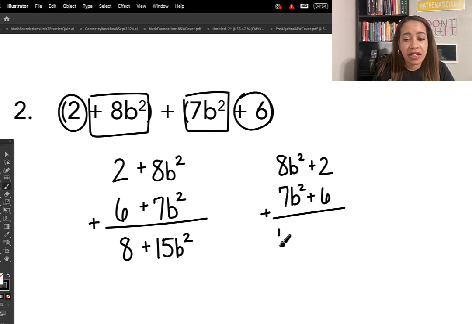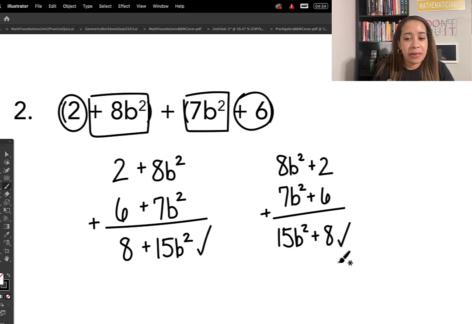I would have gotten 15b squared plus 8. That means the same thing as this answer. So both of these are correct.